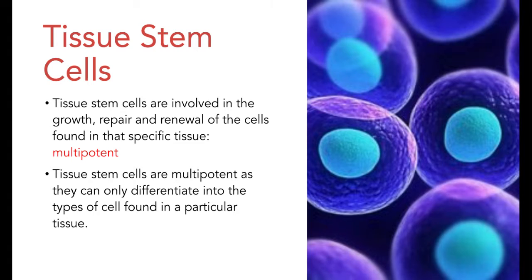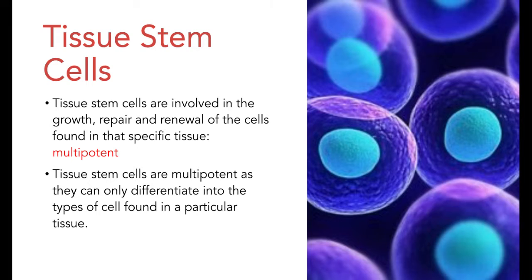So if it's in the muscle, tissue stem cells can create any cell that you'll find in the muscle, but it can't create something else like an eye cell or a red blood cell. In your bone marrow, you have a different type of tissue stem cell, and those can only change into types of blood cell because that's the cell associated with the bone marrow. So it can make B and T lymphocytes, platelets, and red blood cells.